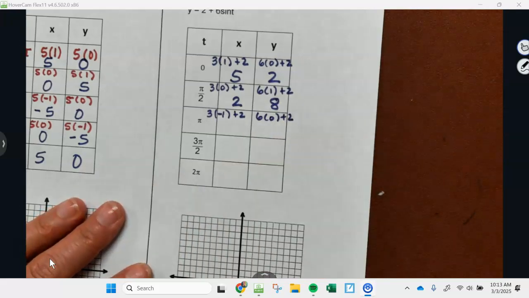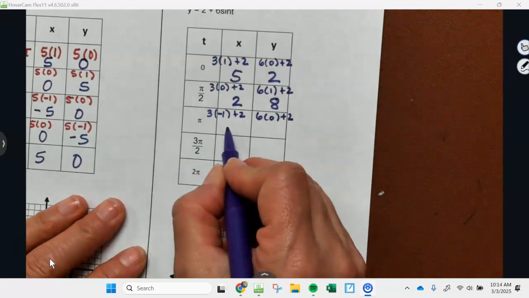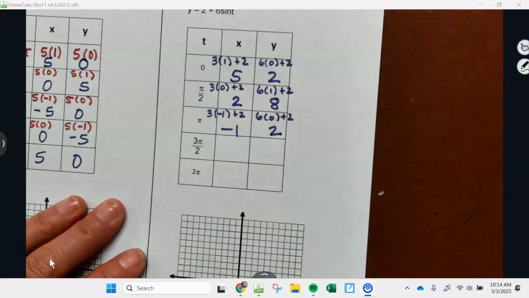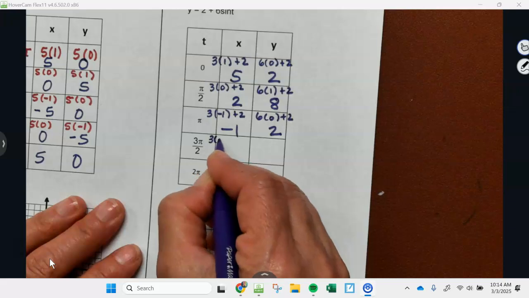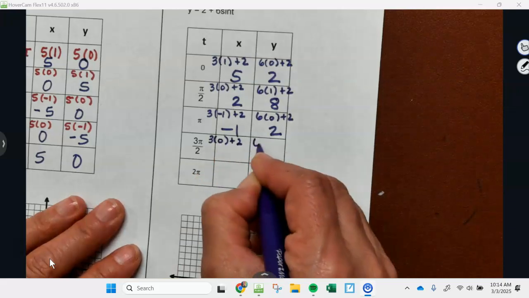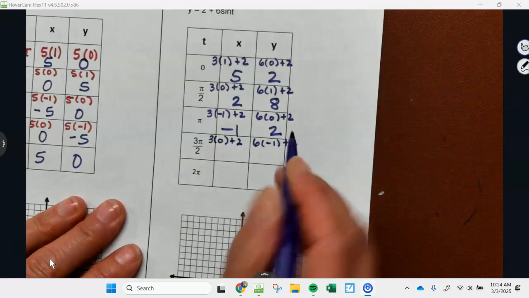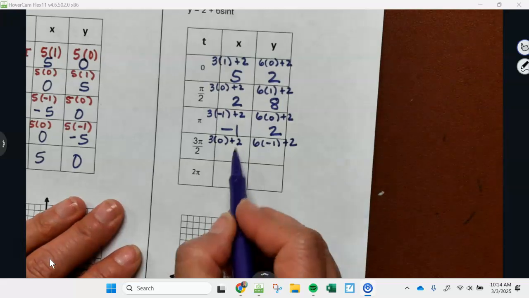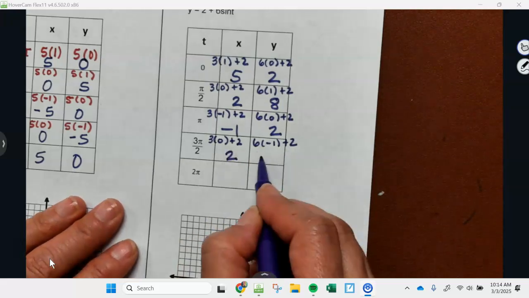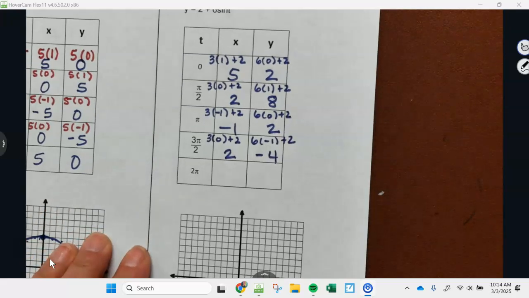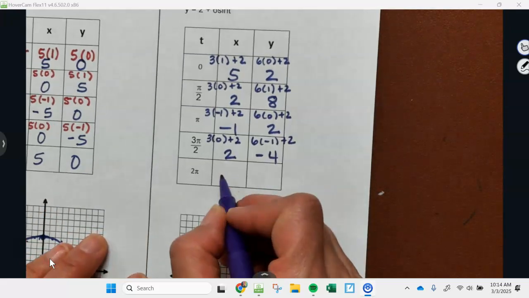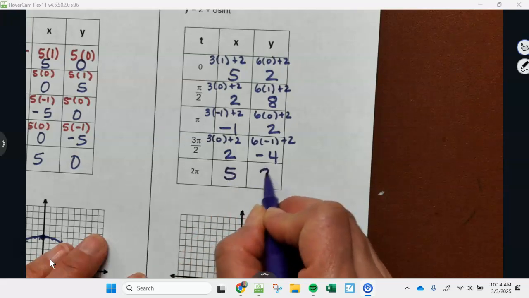So this is going to turn into negative 1, positive 2. 3 pi over 2, remember, that's the bottom, so cosine is 0. But sine is negative 1. So this is going to turn into positive 2, negative 4. Last one, this is going to be a repeat, so it's just going to be 5, 2.